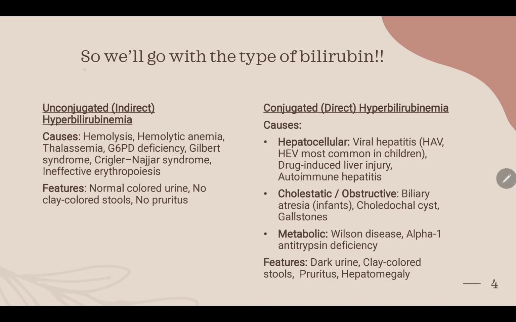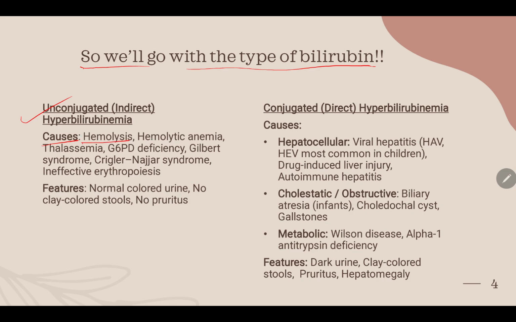So we'll go with the type of bilirubin, okay? Because age related is not our concern today. So by the type of bilirubin, it is unconjugated, that is indirect hyperbilirubinemia. So what are the causes? Major causes: hemolysis, that is breakdown of RBC.